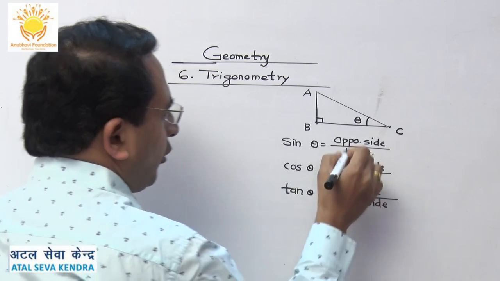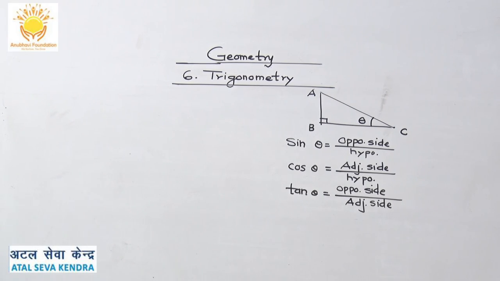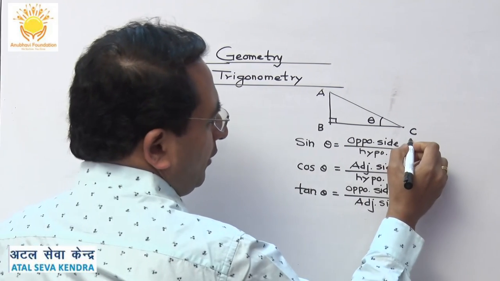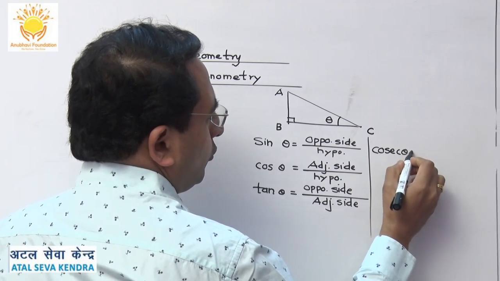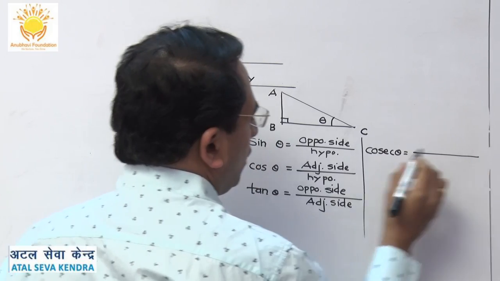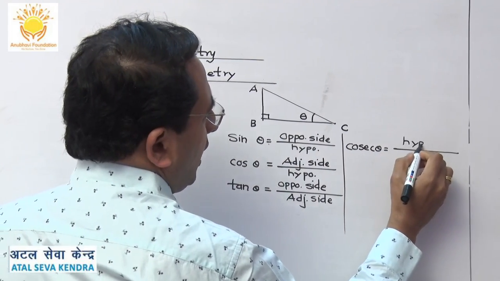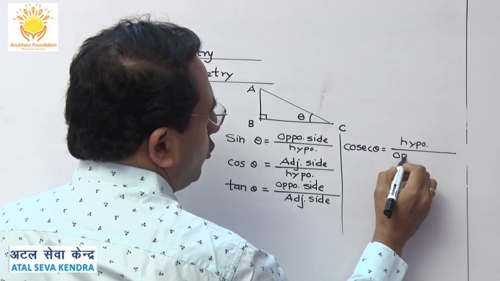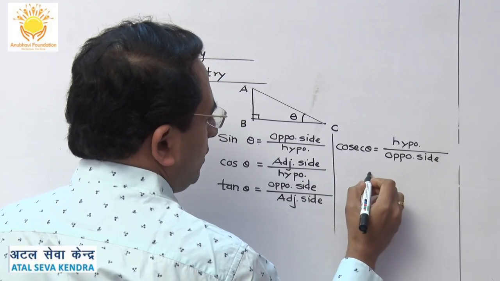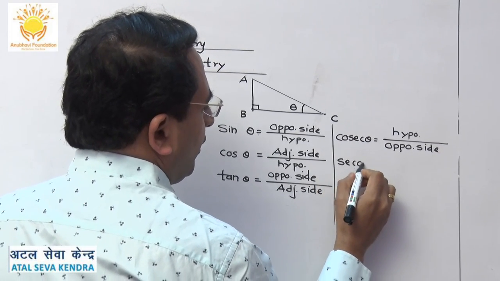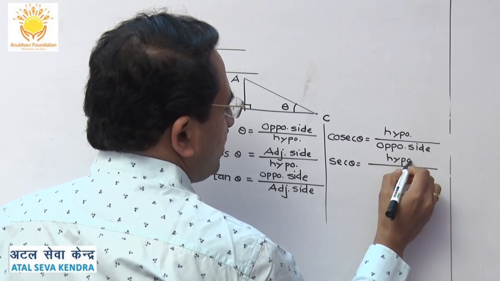These are the basic formulae: sine, cos, tan, cosec, sec and cot. Now I will write cosec theta here. Cosec theta is a reciprocal of this, so we have to write the formula here: hypotenuse upon opposite side. Now the next one, sec theta, we are going to get this as hypotenuse upon adjacent side.